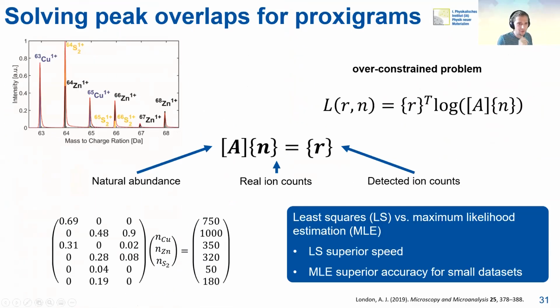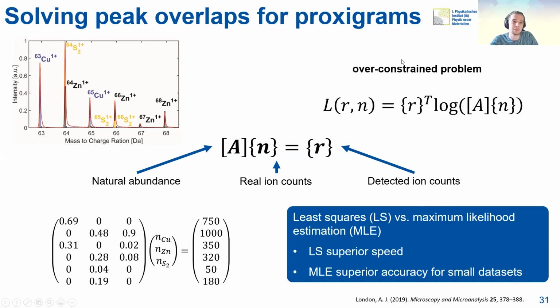And now for a bit of a shift. This was the initial reason why we developed this, and later we had some other things that we needed to solve, which was peak solving of overlaps for proximity histograms, where especially at interfaces between 2 materials, the chances are really high that you have overlaps due to the large number of ions, and we didn't know another way to do this without coding it ourselves.